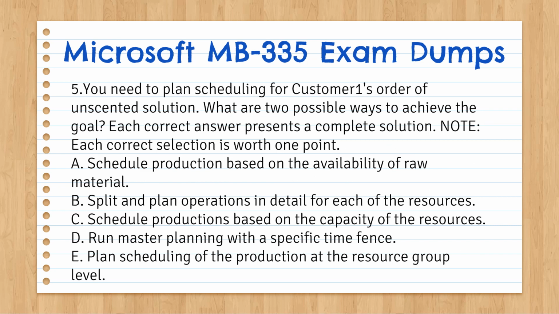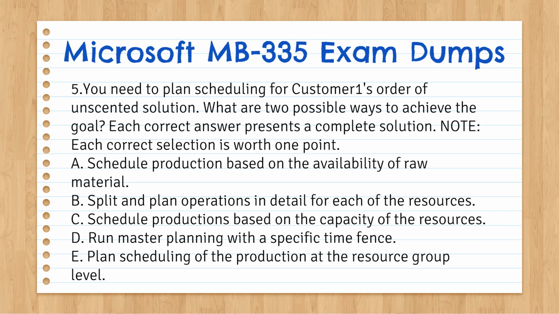5. You need to plan scheduling for customer 1's order of unscented solution. What are 2 possible ways to achieve the goal? Each correct answer presents a complete solution. Note: each correct selection is worth 1 point. A. Schedule production based on the availability of raw material.